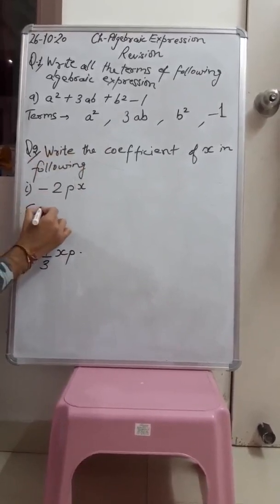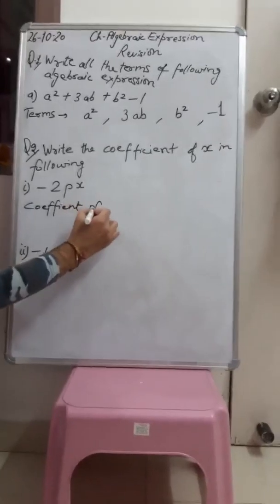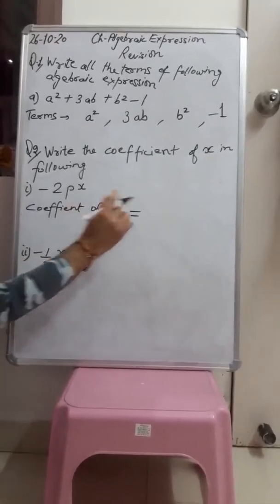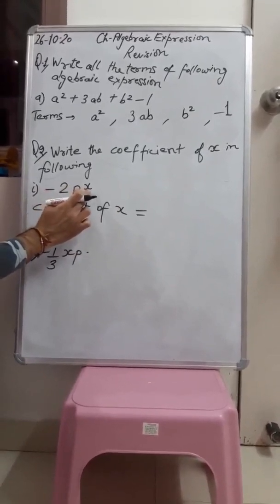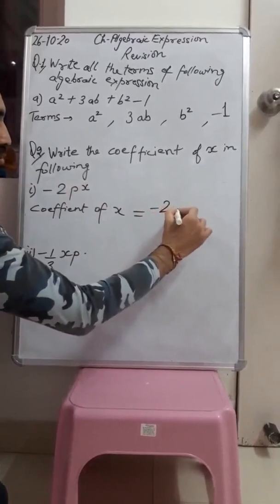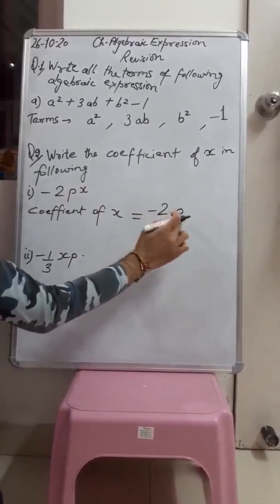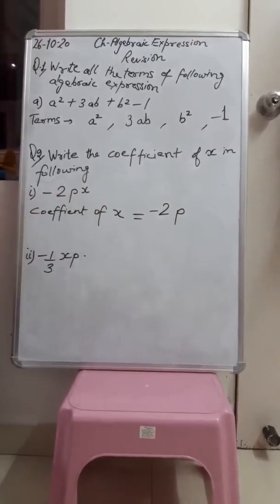So the coefficient of x will be, leave the variable x and the remaining will be minus 2p, and minus 2p is the coefficient of x. In this way we can write down the coefficient of x.